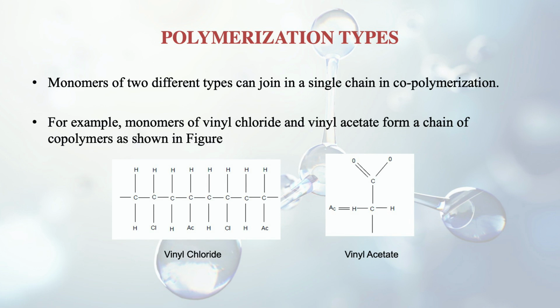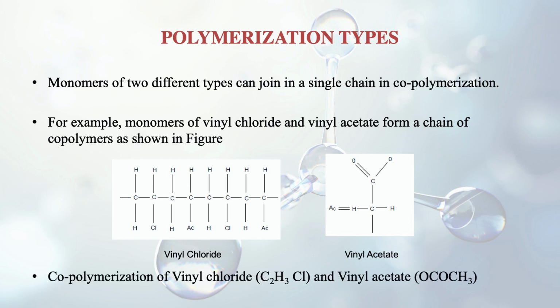In this figure you can see vinyl chloride and vinyl acetate. These two are different and they combine together. Vinyl chloride and vinyl acetate, that is C2H3Cl and COOCH3, combine and give us a new polymer. This process is known as copolymerization.